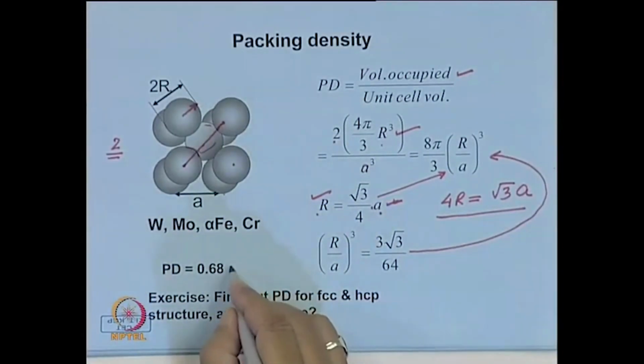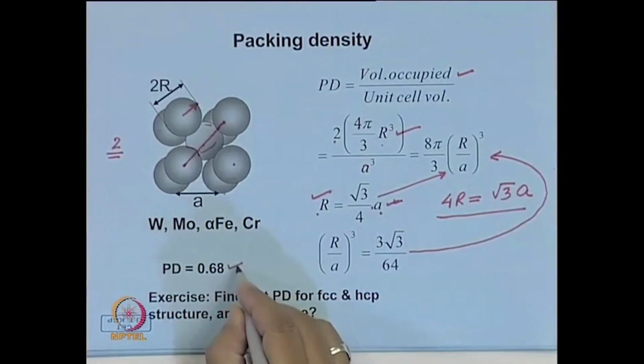If you go through this calculation, you will find that packing density for BCC is 0.68. So, which means a substantial part, about 32 volume percent of the lattice is vacant, and depending on the dimension of a second atom, it has a capacity to accommodate a very small second atom in these interstitial spaces.